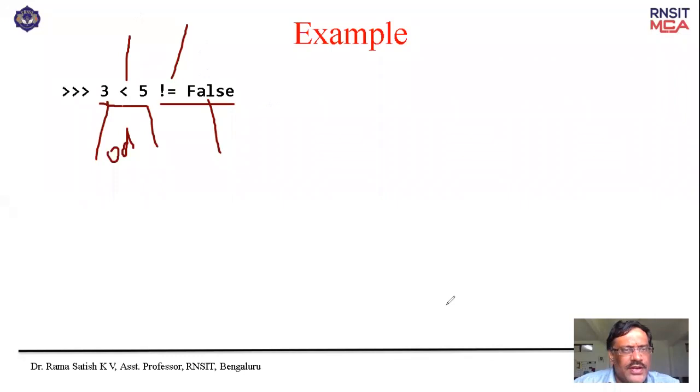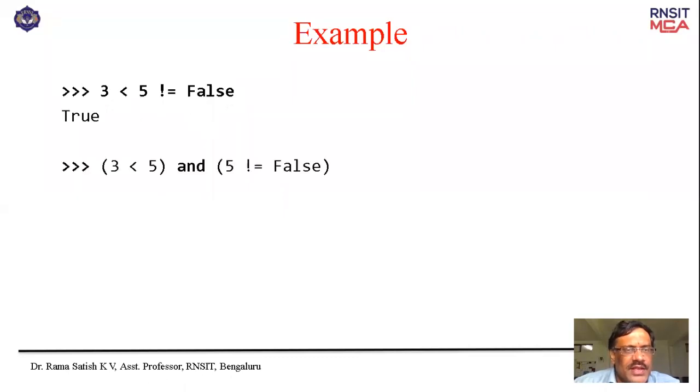In this case, it is very important to understand that 3 less than 5 is executed first, and 5 not equal to false is executed, and they are combined using the AND operator. So it is as good as this: 3 is less than 5, yes, and 5 is not equal to false.